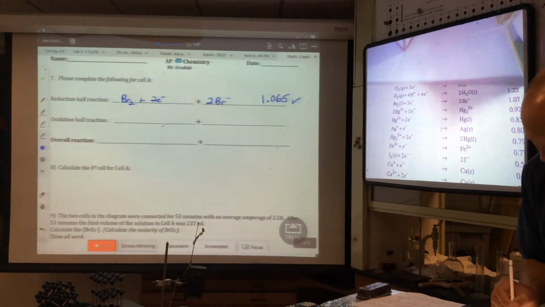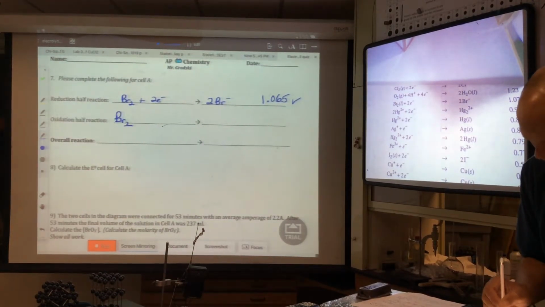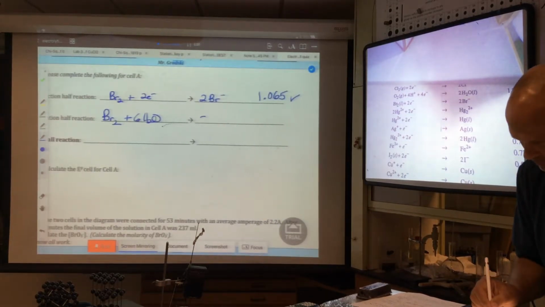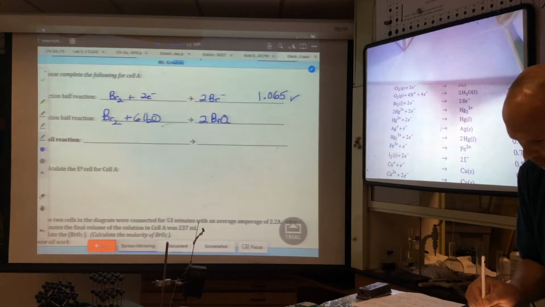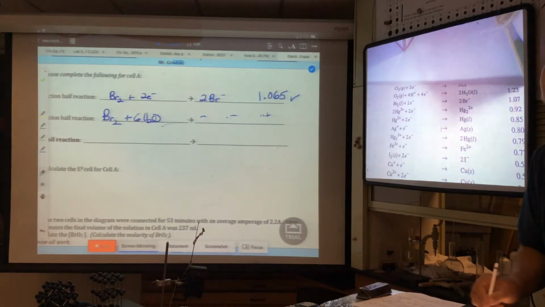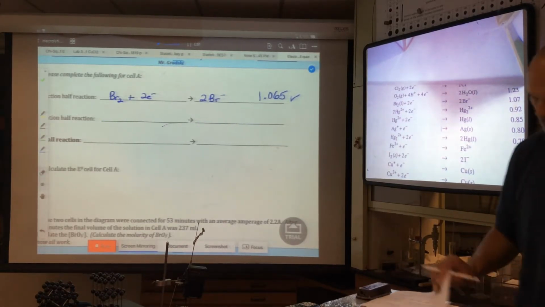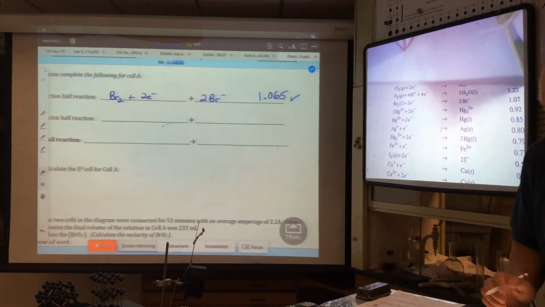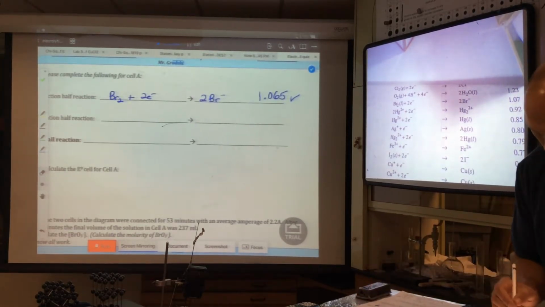So I got Br2, I got 6 H2O, and I get 2 BrO3 negative plus 12 H plus. He already balanced it out. Thank you. I'm going to read it right. Sorry, so let me just do it like this. It's 1/2 Br2 plus 3 water, as written from the other page.